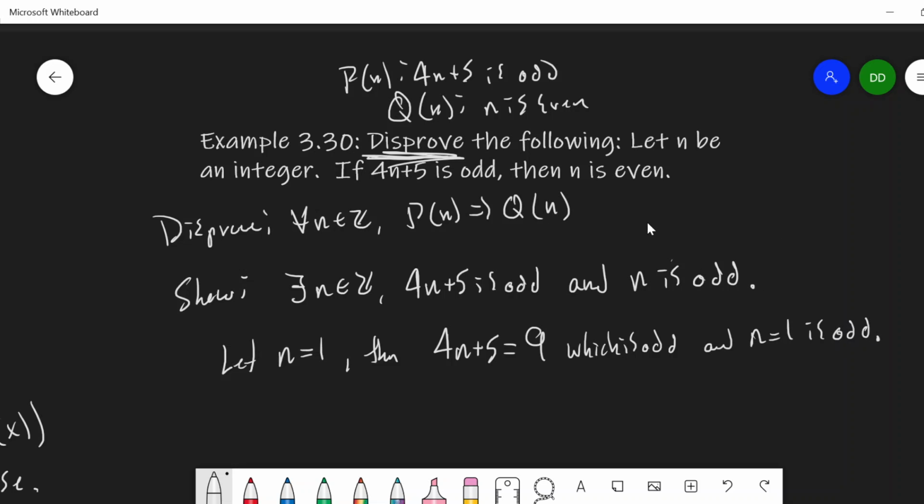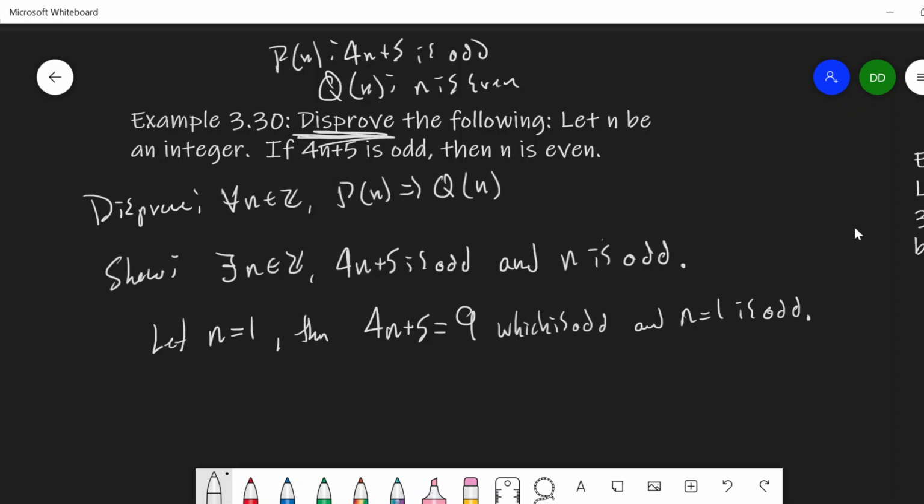So that would disprove this statement. We did it. n equal 3 would have worked too. There's a lot of different things that could have worked here. But certainly n equals 1 works.